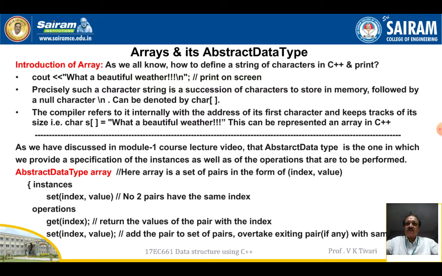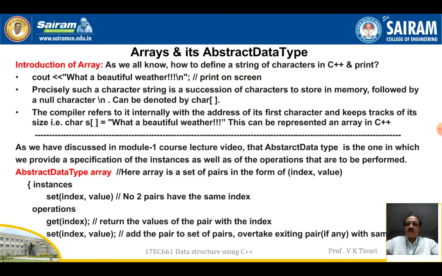Precisely, such a character string is a succession of characters stored in memory followed by a null character, and can be denoted by character brackets. The compiler refers to it internally with the address of its first character and keeps track of its size. Char as string, "what is the beautiful weather?" This can be represented as an array in C++.